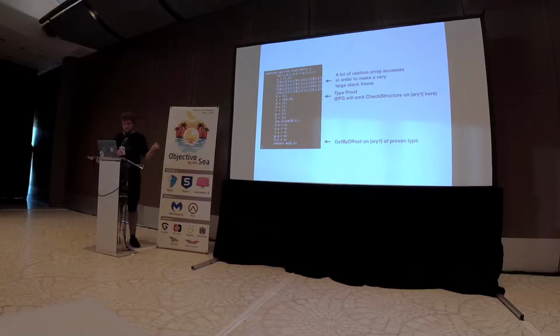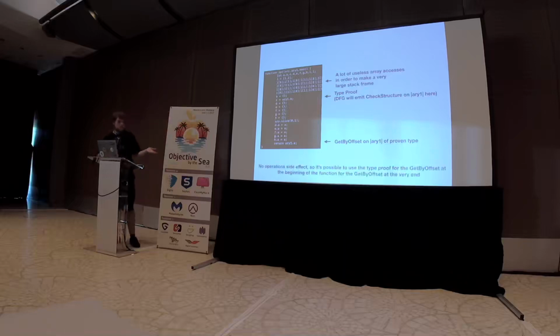And then at the very bottom, we do another GetByOffset by fetching the a value of arr1. And arr1 has a proven type already from the type proof we made at the very beginning here. And no operations here have side effects. Slicing a string does not have side effects. And so it's actually possible to reuse the type proof.